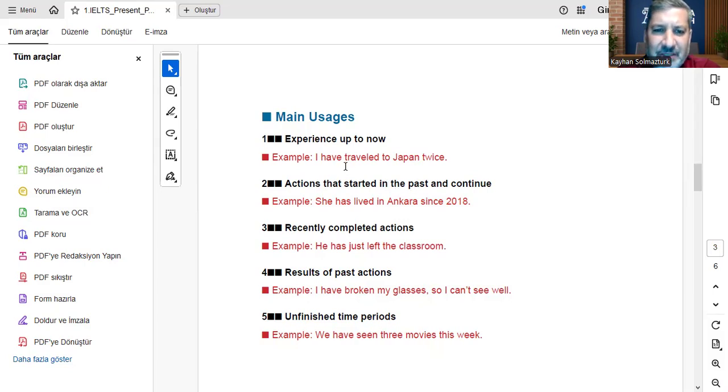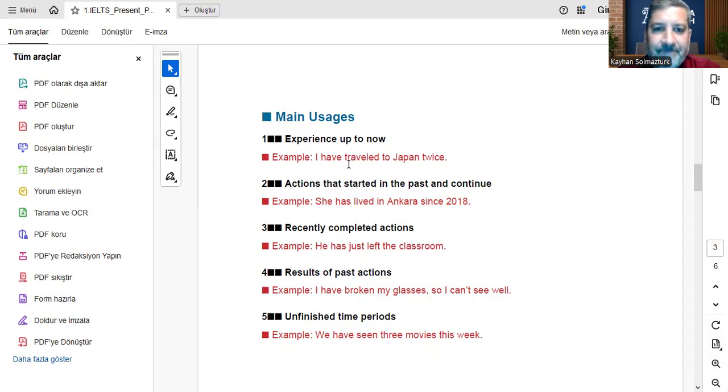The first two usages here are very much connected to each other, associated with each other. So experience and the other one's about the effect. This is where we use the present perfect tense mostly, like experience and effect.